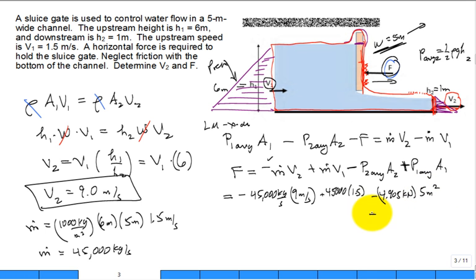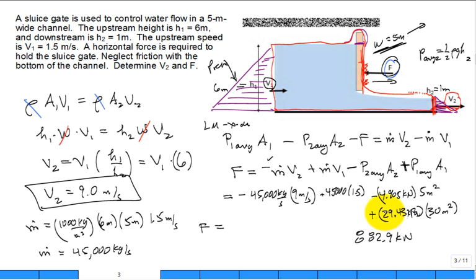And then over here we're going to have the P average at 1. That P average at 1 is going to be 29.43 kilopascal times the area at 1, which is 30 meters squared. So the force is going to be, from this large term right here, 882.9 kilonewtons.